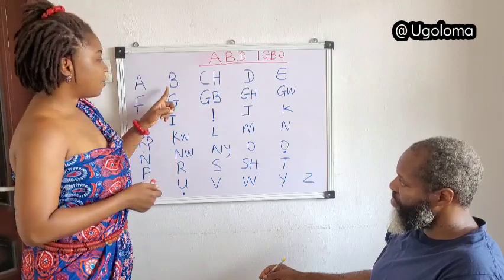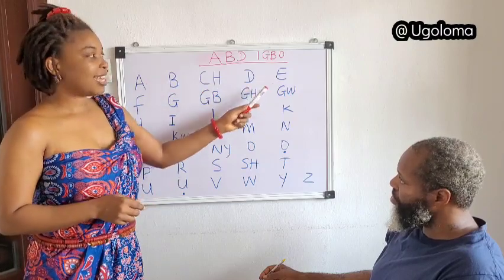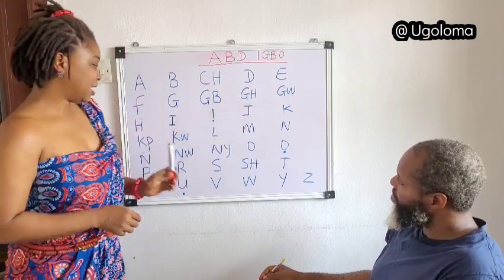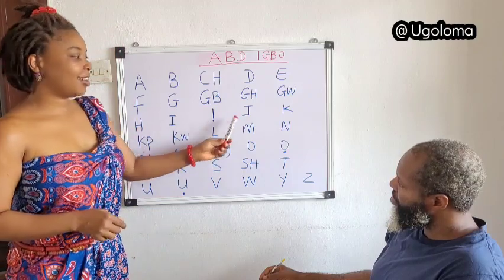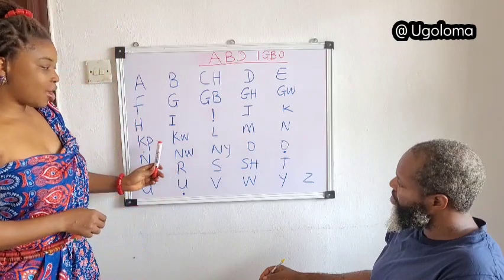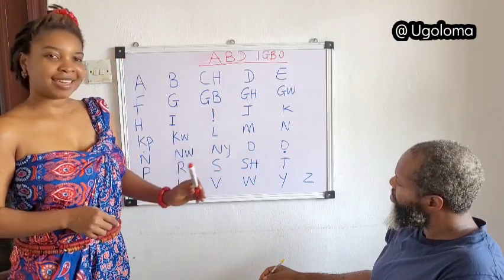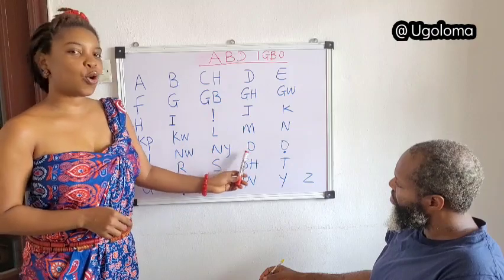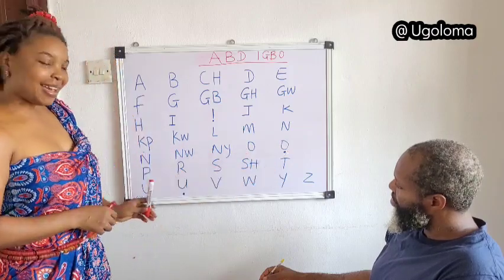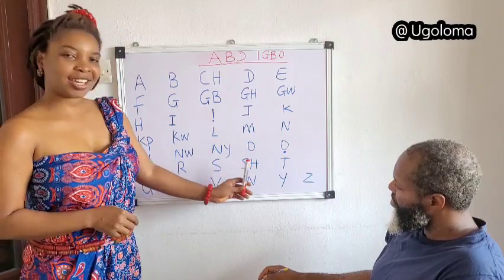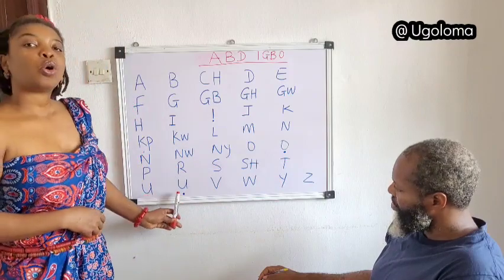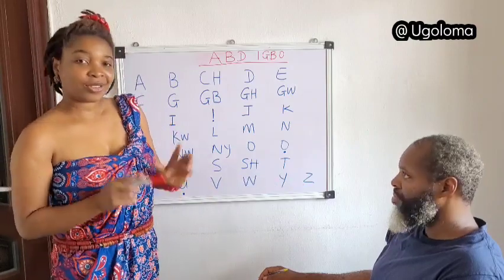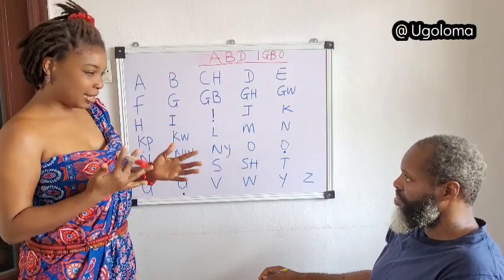So I'll say: A, B, C, D, E, F, G, Gb, Gh, H, I, J, K, Kp, Kw, L, M, N, Nw, Ny, O, P, R, S, Sh, T, U, V, W, Y, Z. So some of these letters sound the same as English, right?